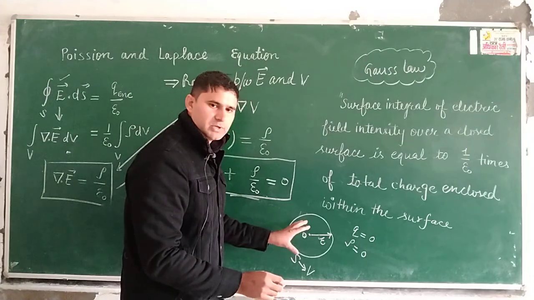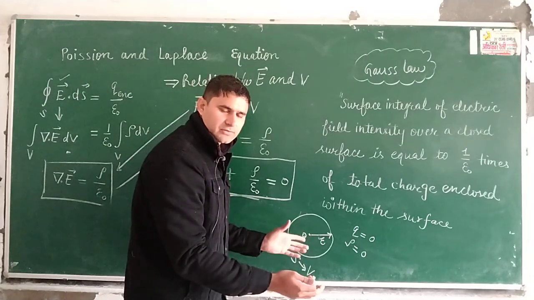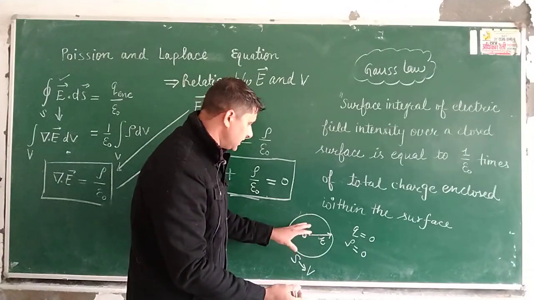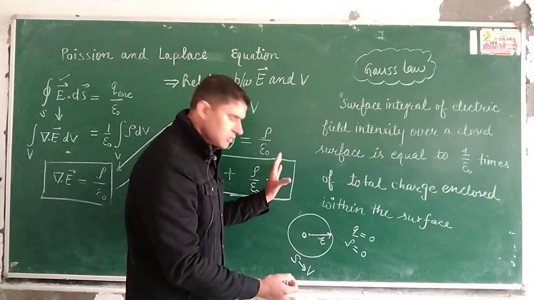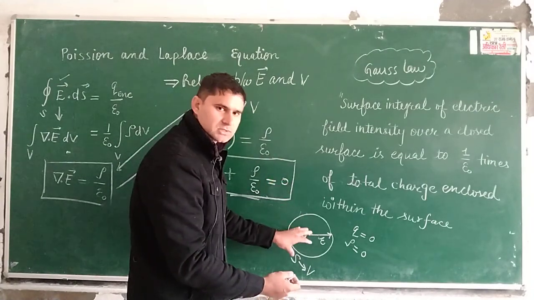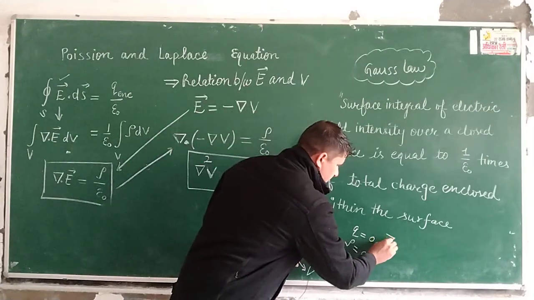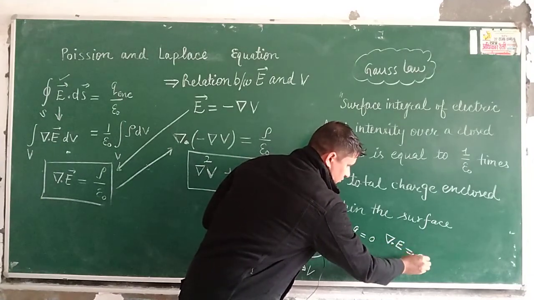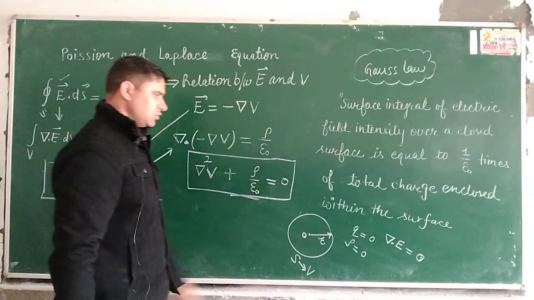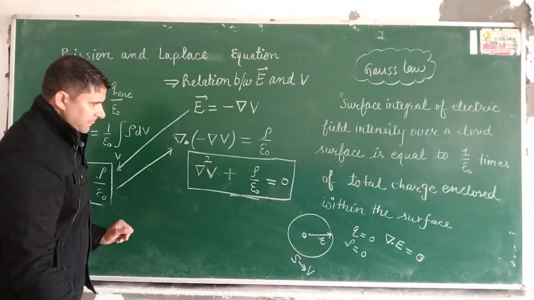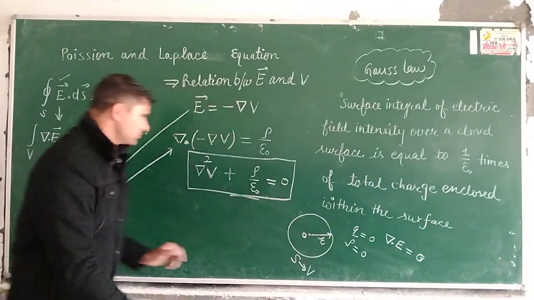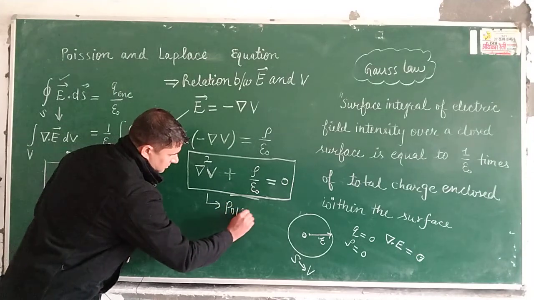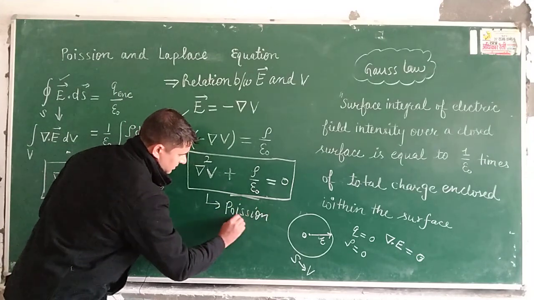It means there will be no divergence of electric field, because the charge enclosed is 0. So no electric field line will emerge out or sink within this surface. In this particular case the divergence of E will be equal to 0.